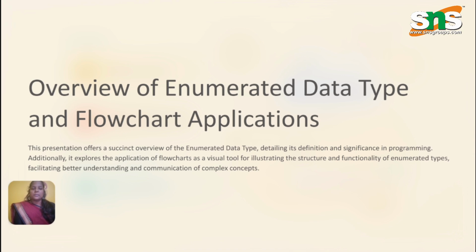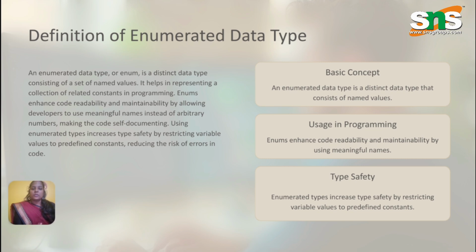So for example, instead of writing int light = 0, which gives no clue about what 0 means, we can define enum TrafficLight { red, yellow, green }. Now the code becomes self-explanatory. The idea of replacing meaningless numbers with meaningful words is the heart of an enumerated data type.